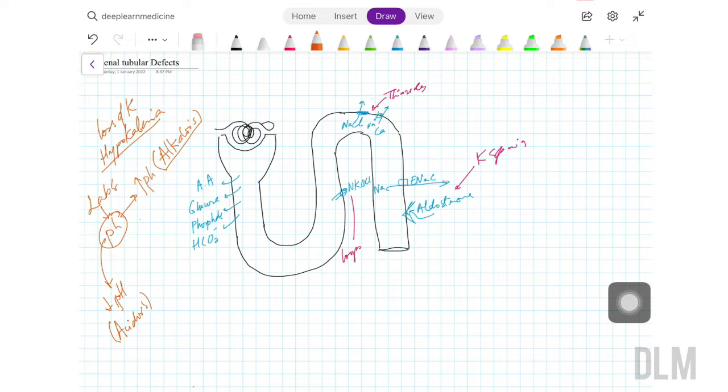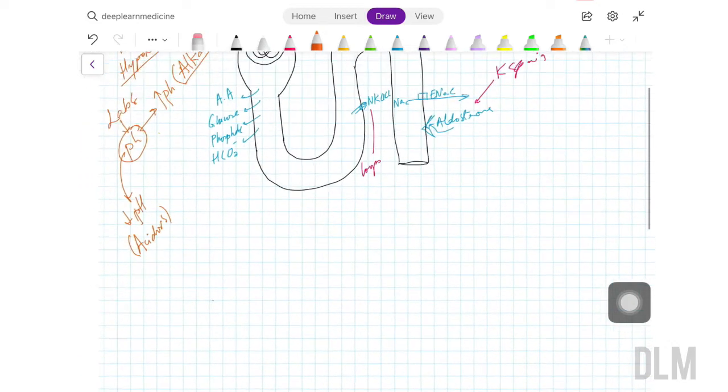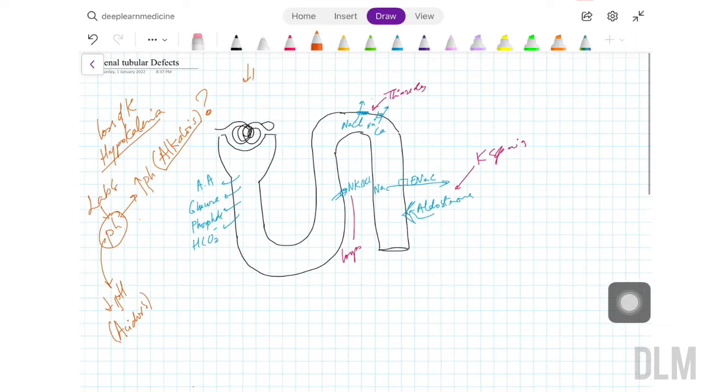present with metabolic alkalosis? How I try to think about these disorders is that these disorders work like diuretics, and there's a lot of water that is lost through urine. The loss of water will cause an increase in aldosterone, which will eventually cause contraction alkalosis. How does it cause contraction alkalosis?